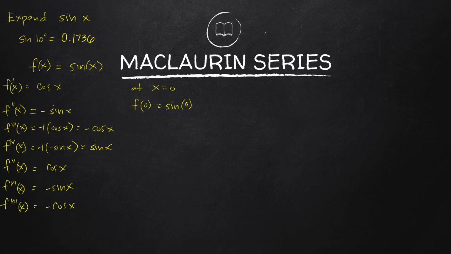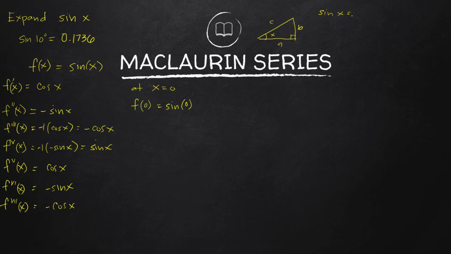Tama ba? So, let's have a right triangle here. And let's name this angle x. Let's name the sides A, B, and the hypotenuse, let's name it as C. So in this case, how are you going to find the value of sine of x?